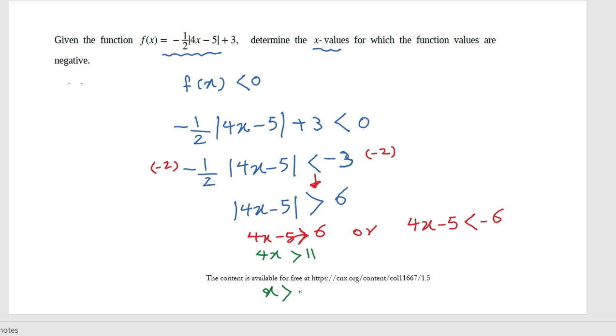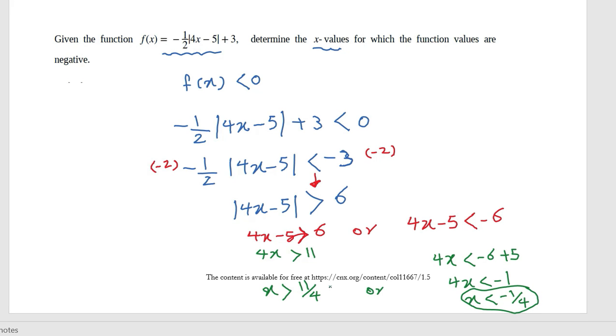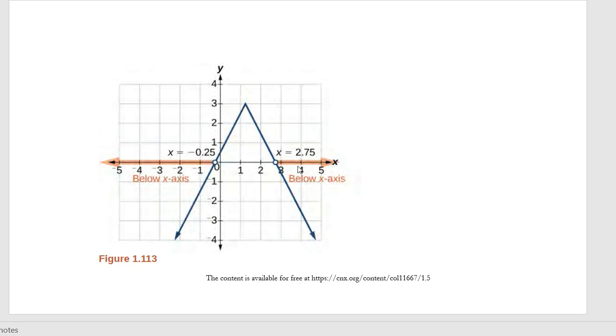So x is greater than 11 over 4, or 4x is less than negative 6 plus 5. 4x is less than negative 1, so x is less than negative 1 over 4. And here is the graph. x more than 11 over 4, which is 2.75, and x less than negative 1 over 4, which is negative 0.25.